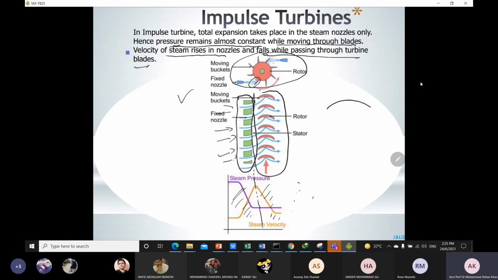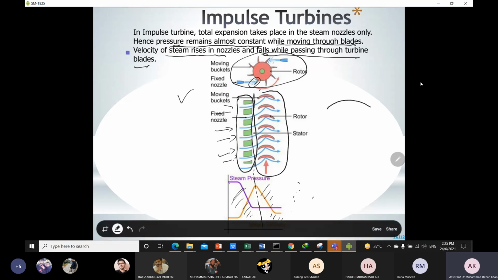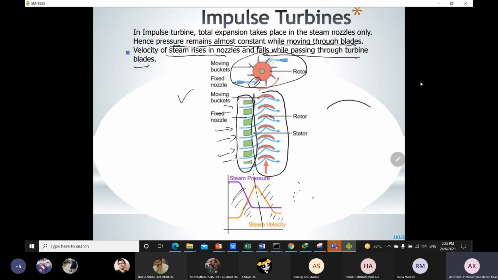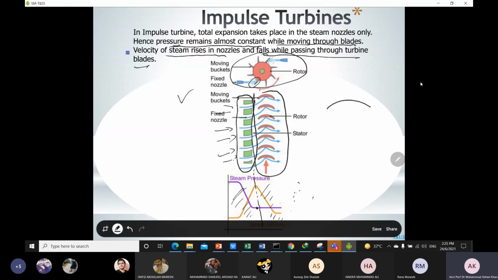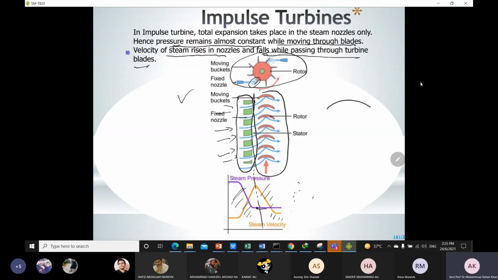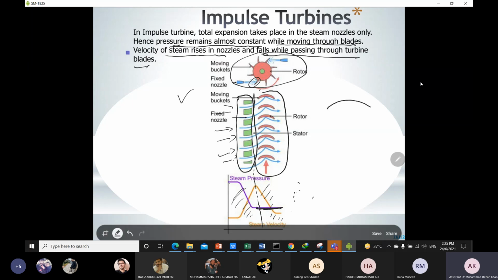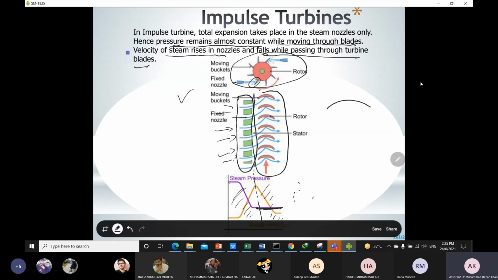Taking the pressure only, at the end of the nozzle the pressure decreases, and when the steam is passing through the moving blades, the pressure remains constant.